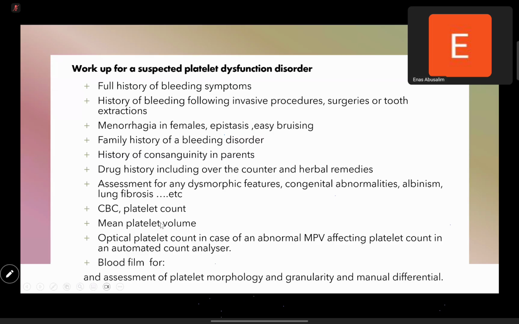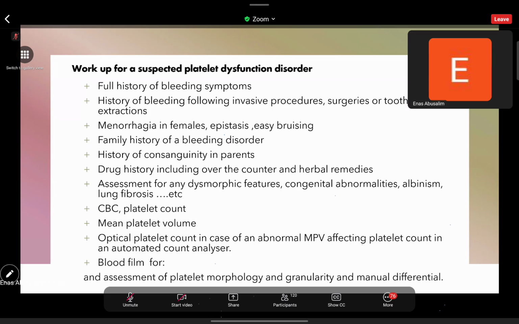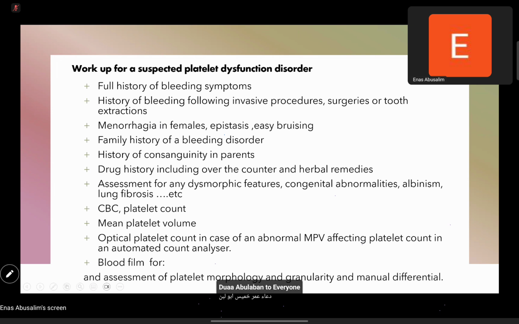Also, on physical examination, apart from assessing if the patient has any signs of active internal bleeding, like postural drop in blood pressure, tachycardia, and so on, it's important to assess if the patient has syndromic or dysmorphic features, because some of the congenital platelet dysfunctions come with other features like oculocutaneous albinism, for instance. Congenital abnormalities, albinism, lung fibrosis.